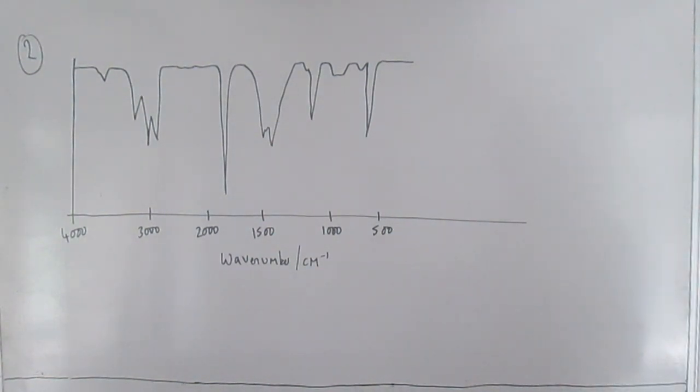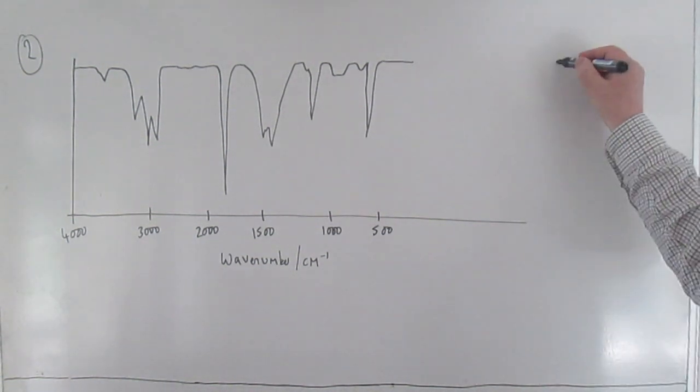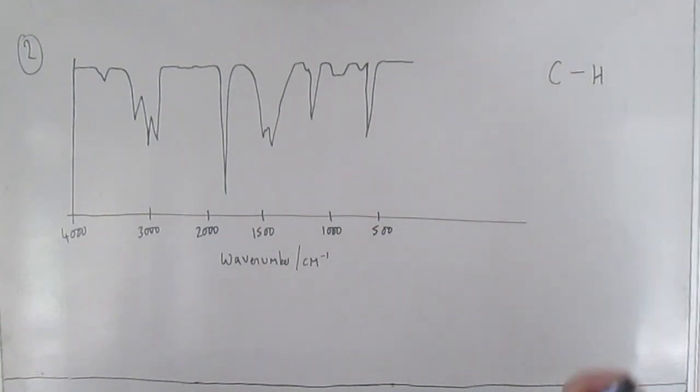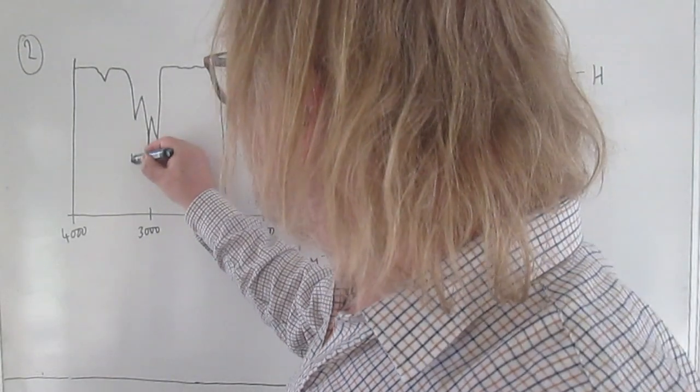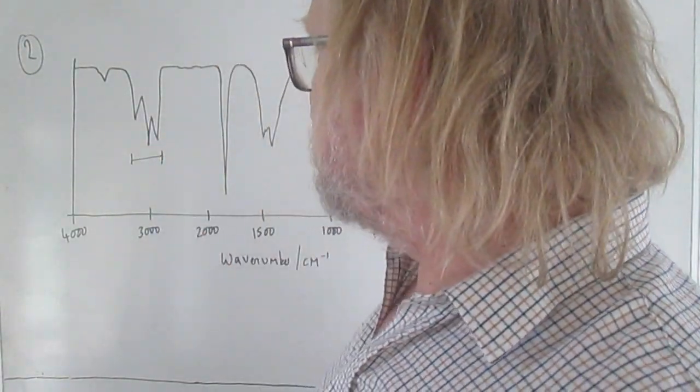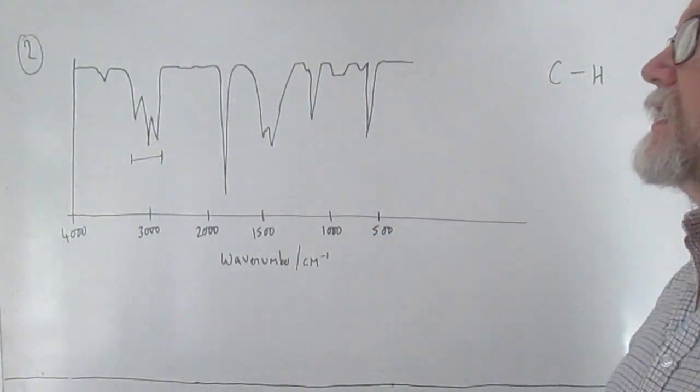What makes infrared useful, or the first thing that makes it useful, is that once this technology was developed and people started running spectra of lots and lots of compounds, they started to notice patterns. In particular, they noticed that every compound that contains CH bonds has a cluster of peaks like these in the region of 3000 wave numbers.